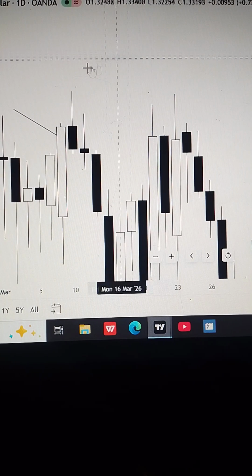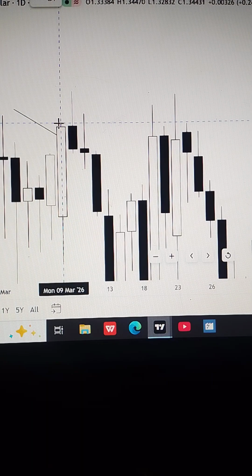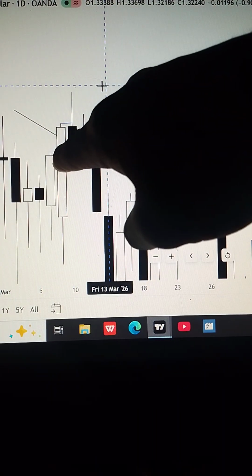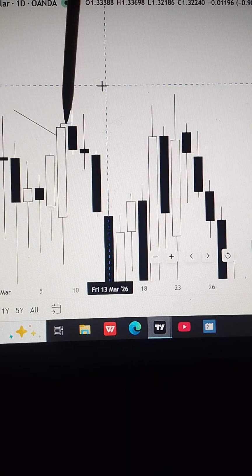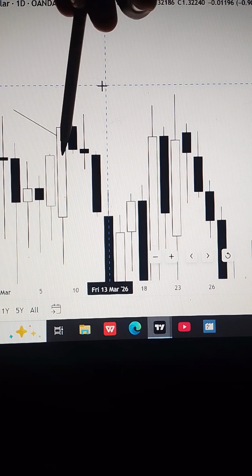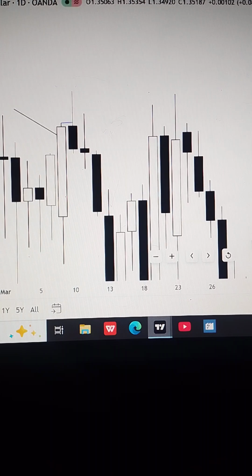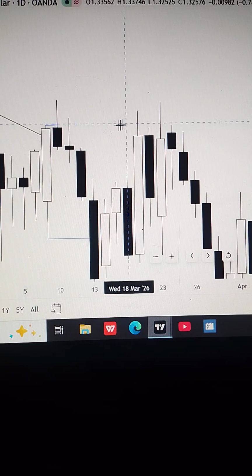The next candlestick came and grabbed the liquidity of the previous day's high, and closed inside the previous day's range. So that is a reversal. As you can see, it formed a CRT formation. As I have said, you are supposed to target the previous day low, this one. So that was the target.